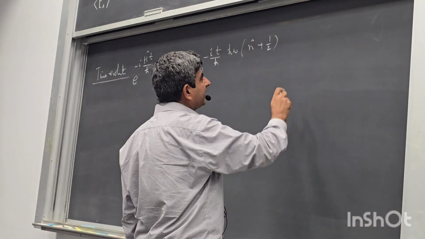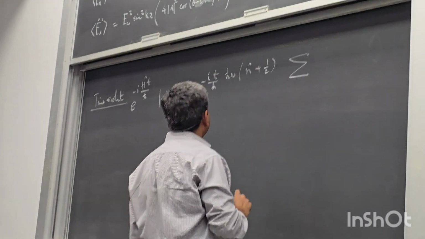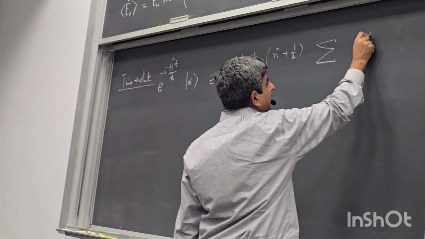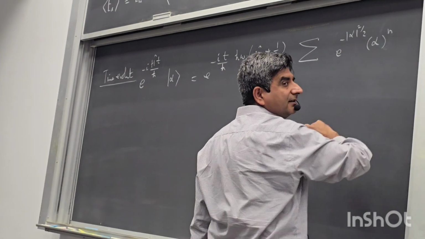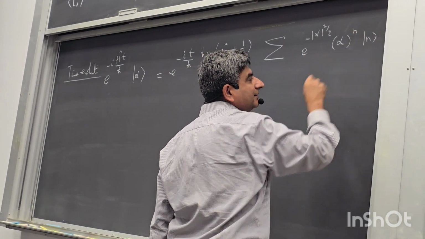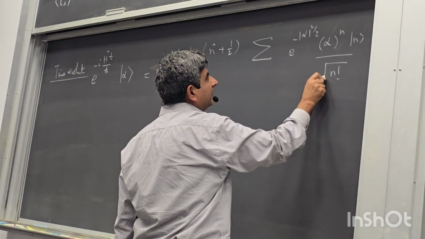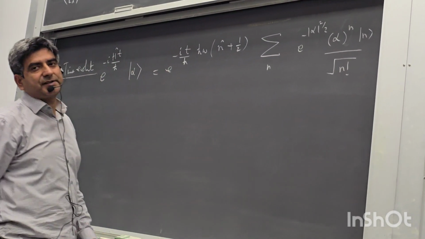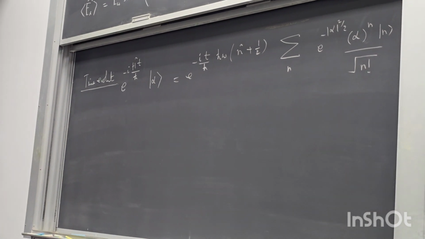And this acts on my coherent state, e to the minus alpha square over 2, alpha raised to power n over square root of n factorial, ket n. This is my coherent state. Got it?